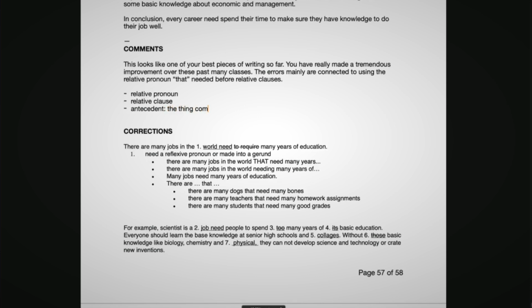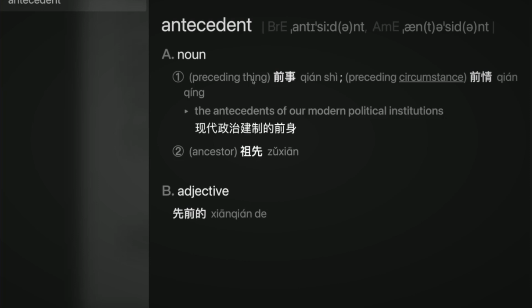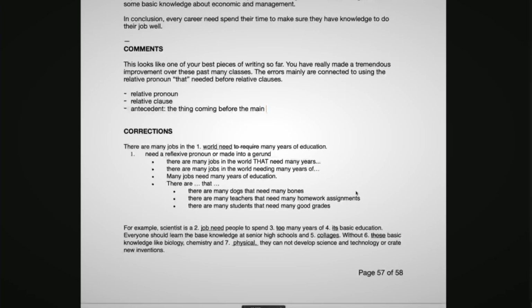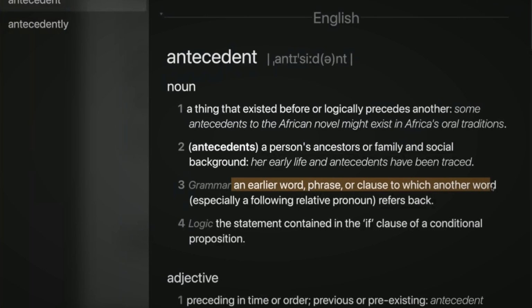The thing coming before the main thing. The definition of antecedent is an earlier word. Okay, so we'll just copy that.